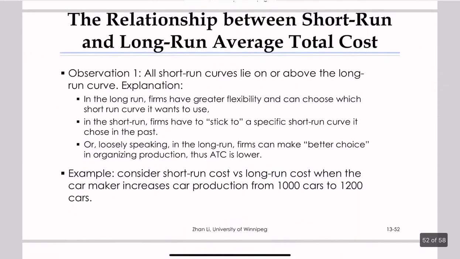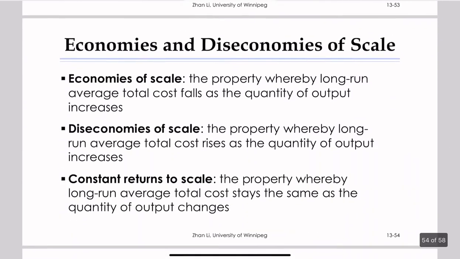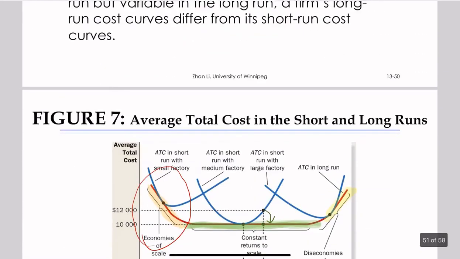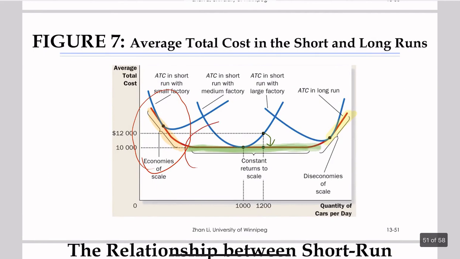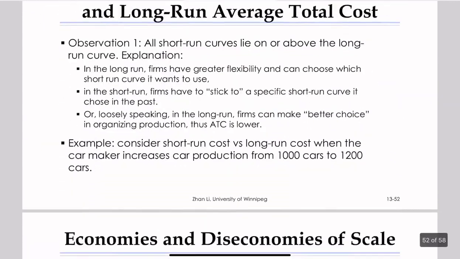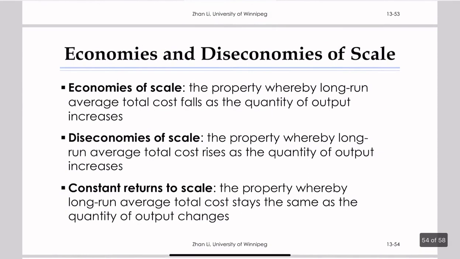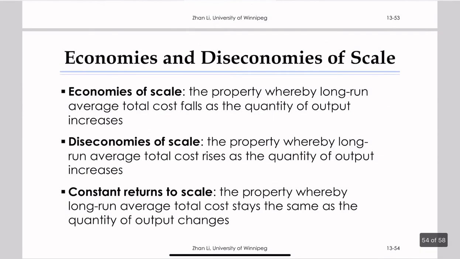And then constant returns to scale means the average total cost will stay the same even if you increase or decrease the output. That's why you get the word constant. Right? So you can see that. And here we have the constant returns to scale.